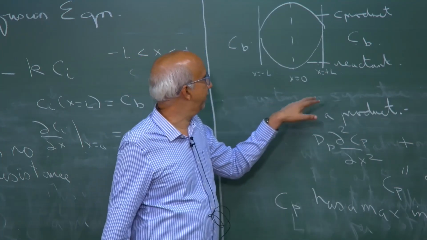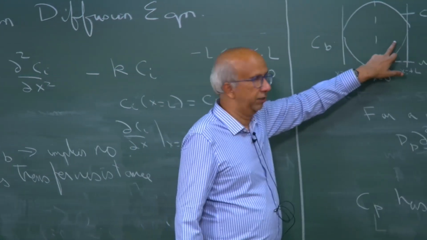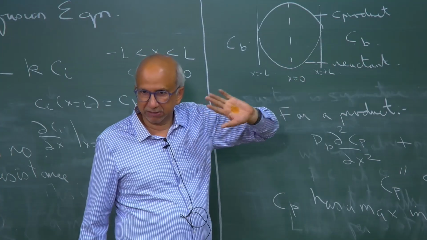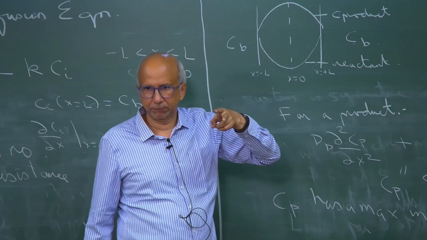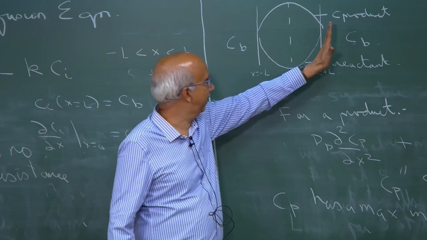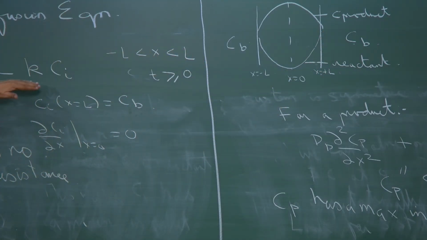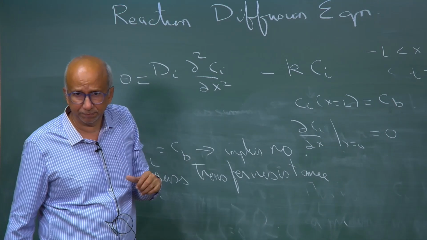Here the comparison is between the internal diffusional resistance and the reaction rate. I am just going to keep my life simple and talk only about two things at a time. Okay, that is the advantage. So I am neglecting external mass transfer and talking only about reaction and internal diffusion. This is internal diffusion because it is inside the pellet.